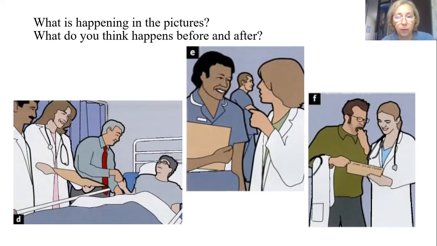So, and the last picture, let us listen to Nishat. Yes, ma'am. In picture F, the two doctors are having a conversation over a case. They're discussing some case. And one of the doctors is yawning. What do you think?